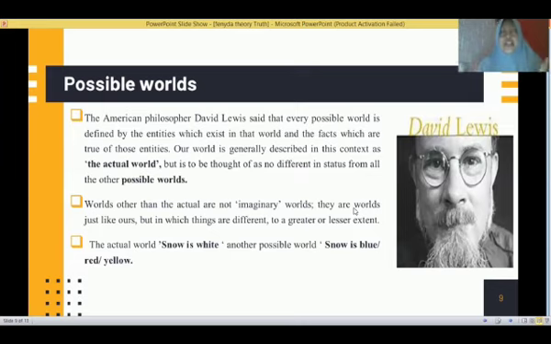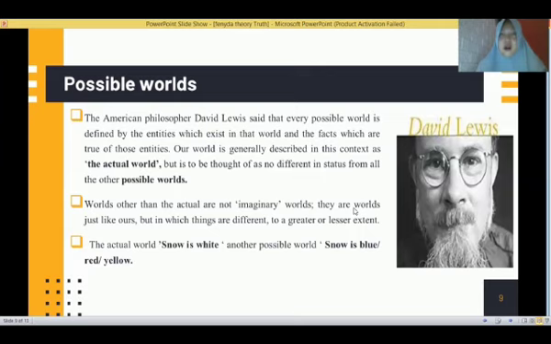Another example: the fire is hot in our actual world. But maybe in another possible world, the fire is cold.